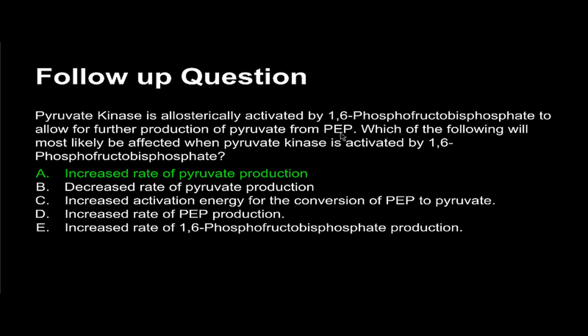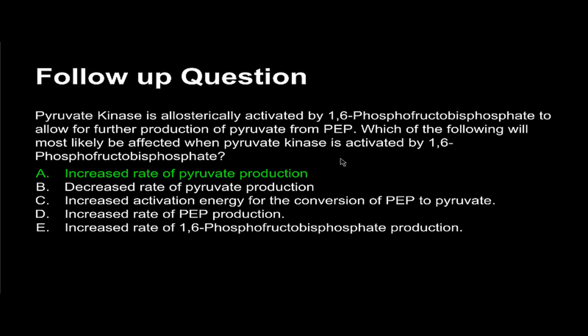Okay, so when the enzyme is activated, what's going to be affected? So the first option, increased rate of pyruvate production. Does that make sense? Well, if I activate the enzyme, I'm going to get a greater rate, right? We remember that from the first slide. We're going to increase the rate of the reaction. So I'm going to have an increased rate of the product forming.